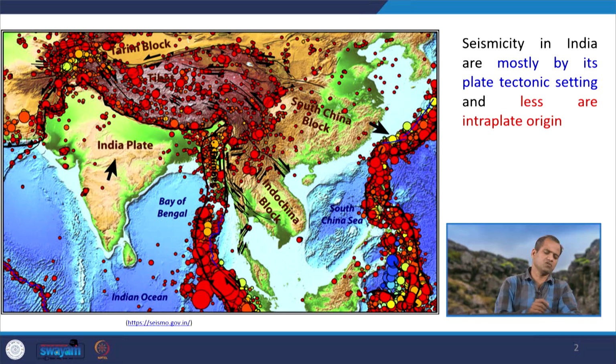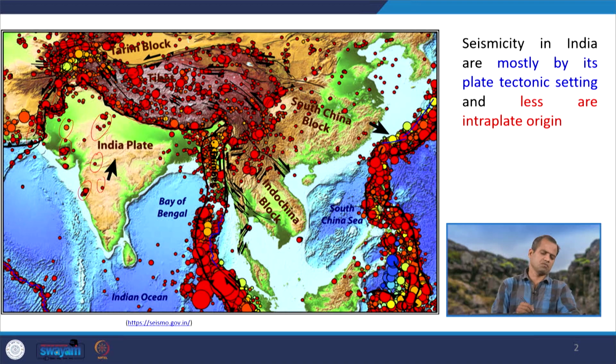And most of the earthquakes in India, if you see the earthquake distribution, are lying at the boundary of the Indian subcontinent, and very few are inside, and they can be termed intraplate earthquakes, like the Bhuj earthquake.